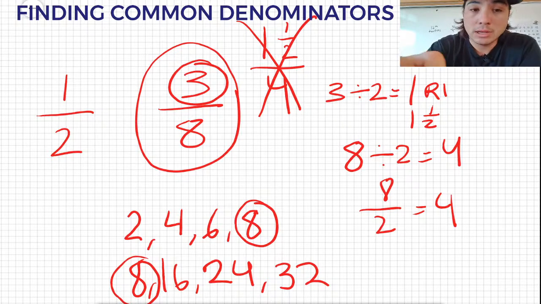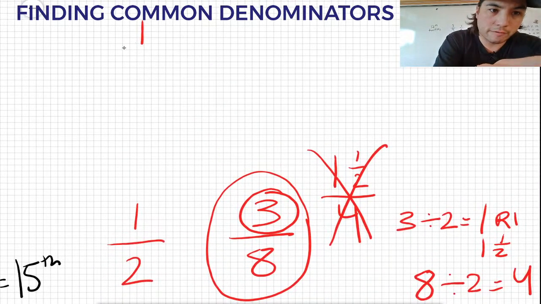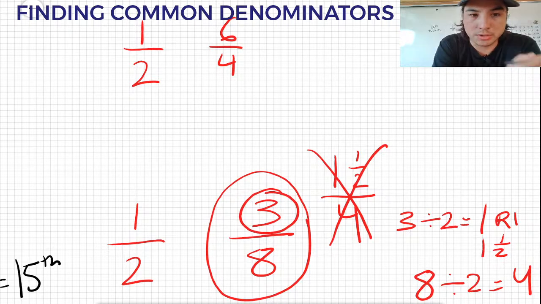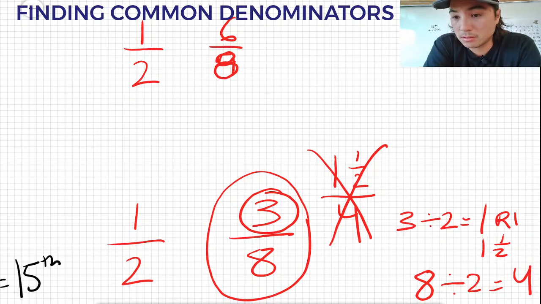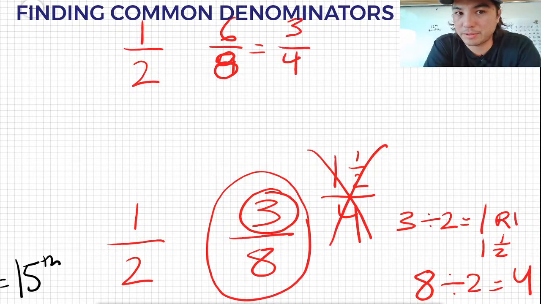Okay? If, let's say, as an example, we had something like 1/2 and 6/8, I could use 4 because 6/8 is equal to 3/4 if we simplify it by dividing by 2 over 2.